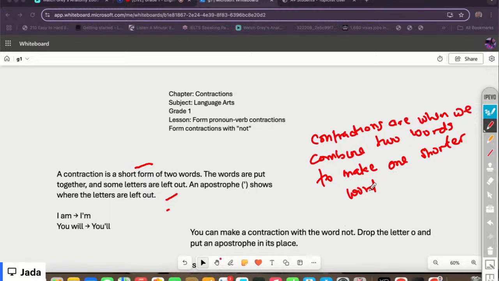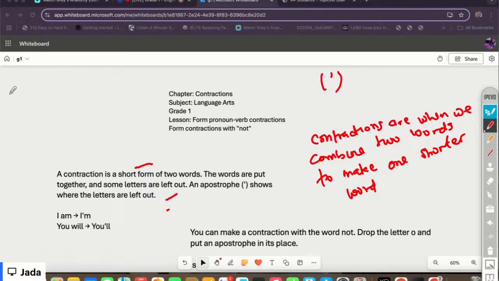Okay? So usually we have an apostrophe. The apostrophe is put in place of the letters that are removed. So wherever a letter is taken out, an apostrophe will be there to replace that letter.